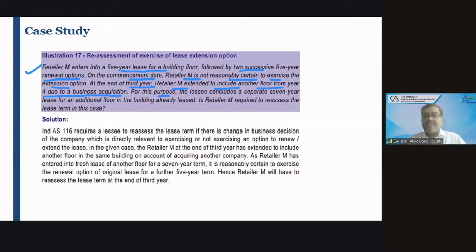For this purpose, the lessee concludes a separate 7-year lease for an additional floor in the building already leased. So earlier, the lessee's lease for the first floor is 5 years. Now, after 3 years, the lessee has entered into a contract for another floor for 7 years. Why? Because the business has grown.